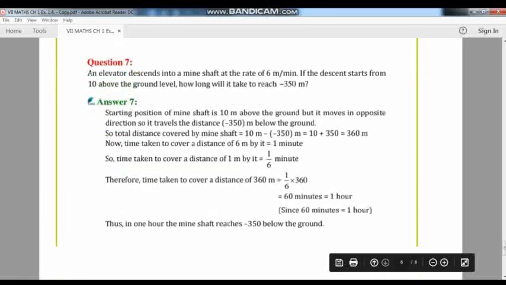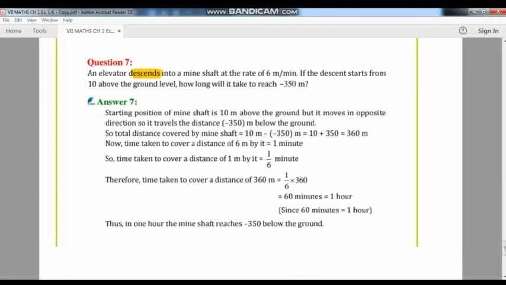Coming at question number 7, it is said that an elevator's descending rate is 6 meters per minute. It means it is coming down with a 6 meter per minute speed, and we have to find out if it starts descending from 10 meters above ground, then how long, it means we have to take out the time it will take to reach minus 350 meters.